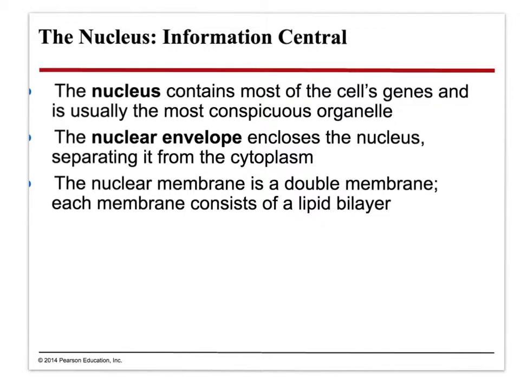In bacteria, there's no boundary between the DNA and the cytoplasm. What's the benefit, or why do we need to separate it? Is it because eukaryotic cells are more complex than the prokaryotic? Complexity, yes.